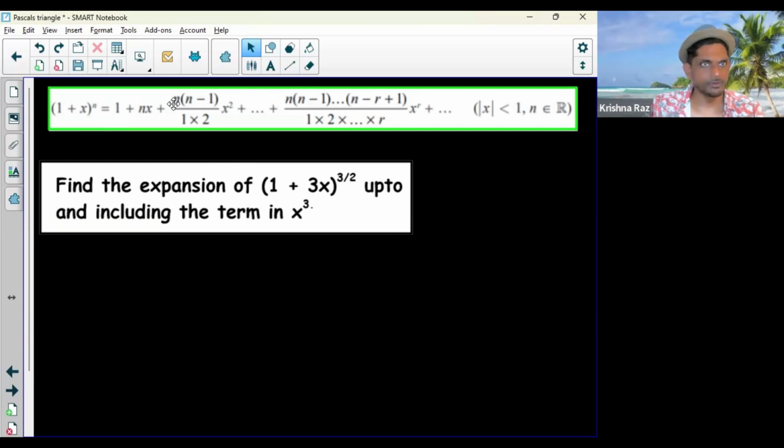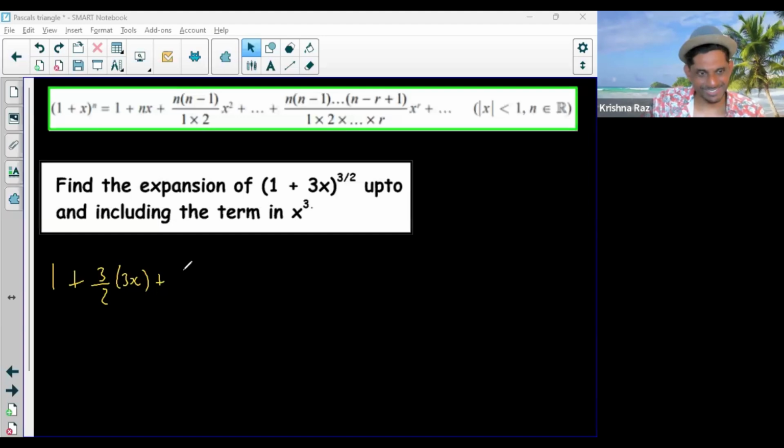We just have to do what we used to doing. So we have 1 plus n. n is the power. So 3 over 2 times x, but x is 3x.